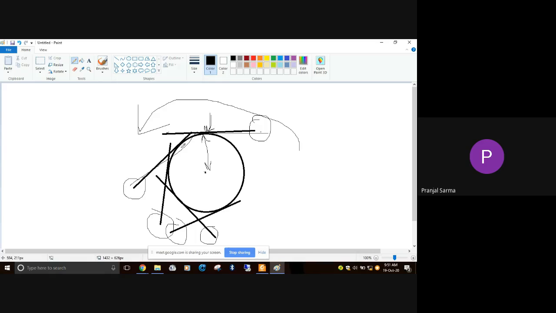If you draw the perpendicular, this much is always the exact radius. This much is exactly the same value. That means with respect to the tangent, it is always lying at the same value.